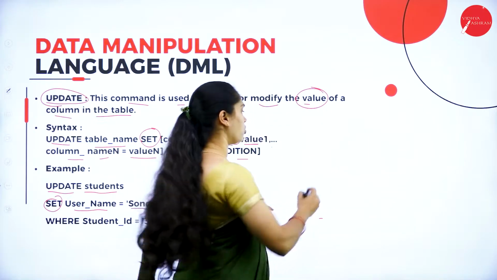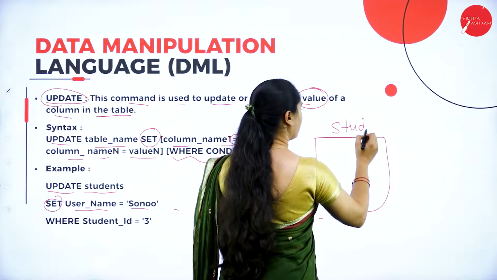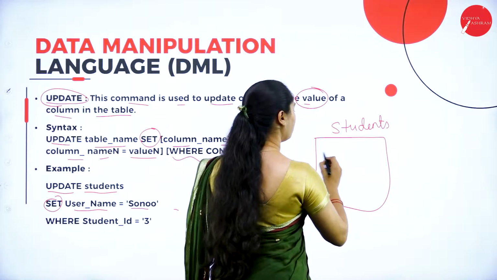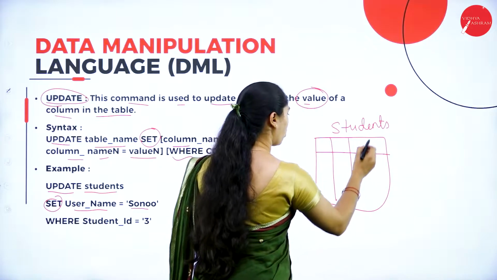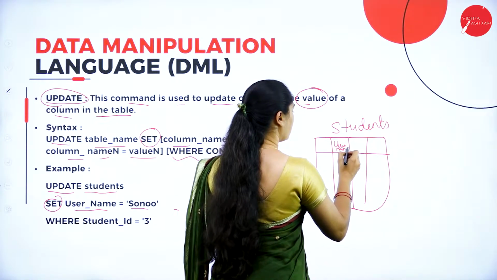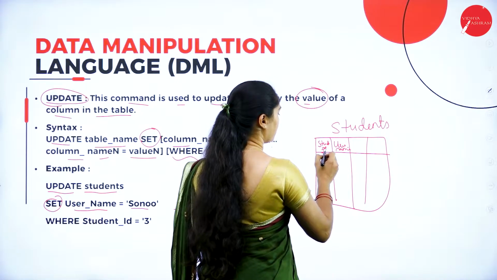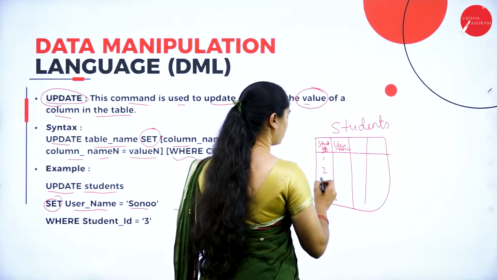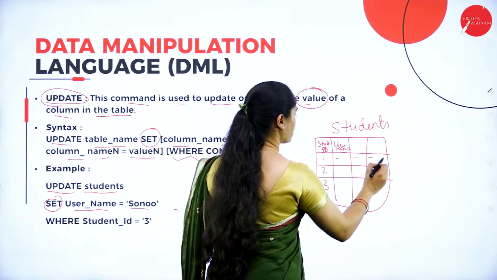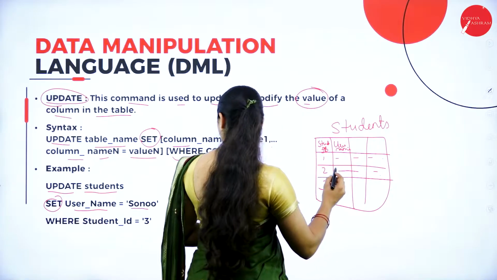So here what you have to understand: we have a table called students. In that we have several columns. Amongst that, one column is username, and here we also have a student ID. Just imagine 1, 2, 3. Here we have some values, and here the username is SONO.